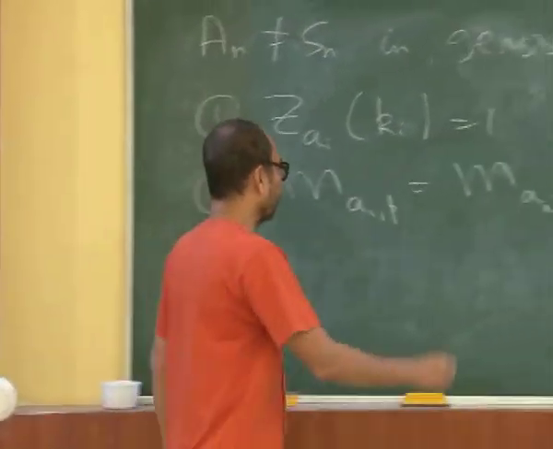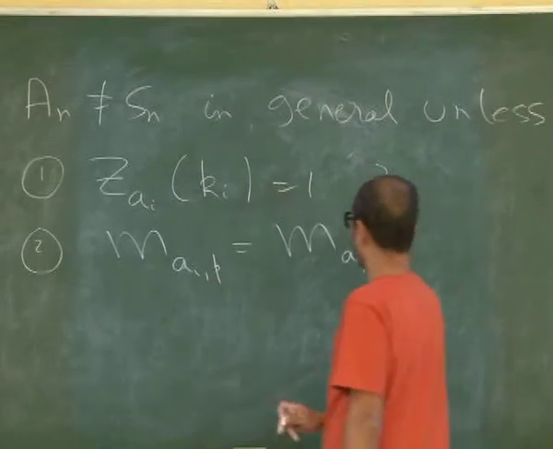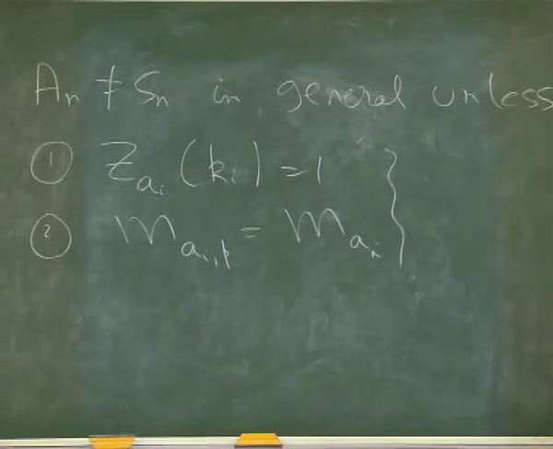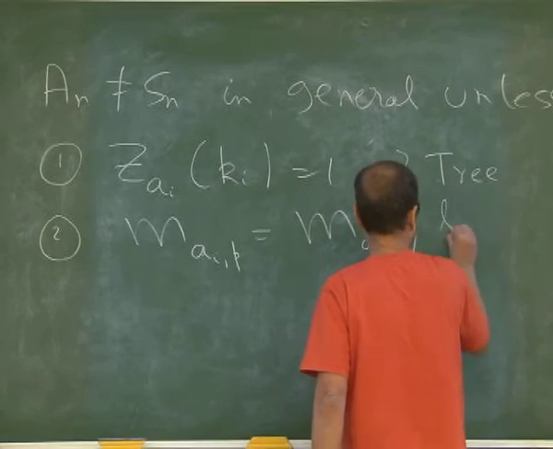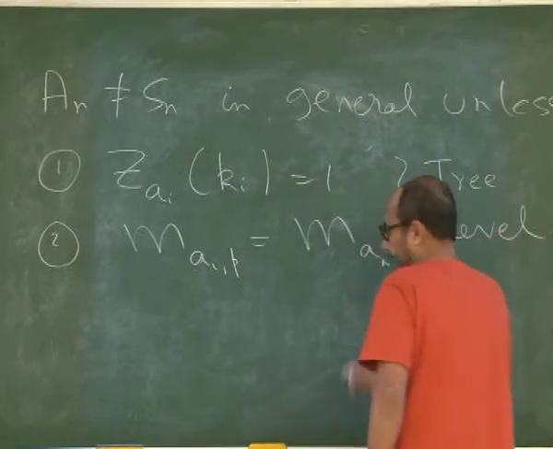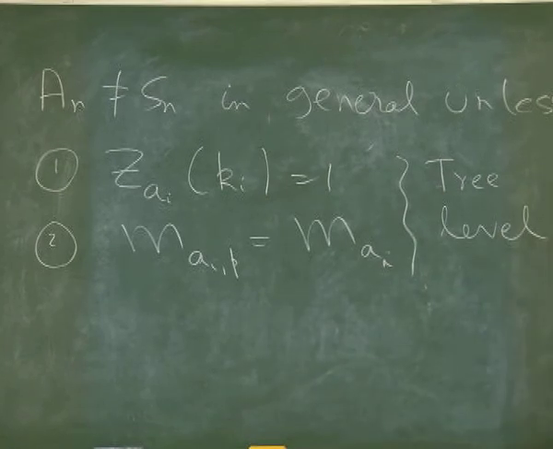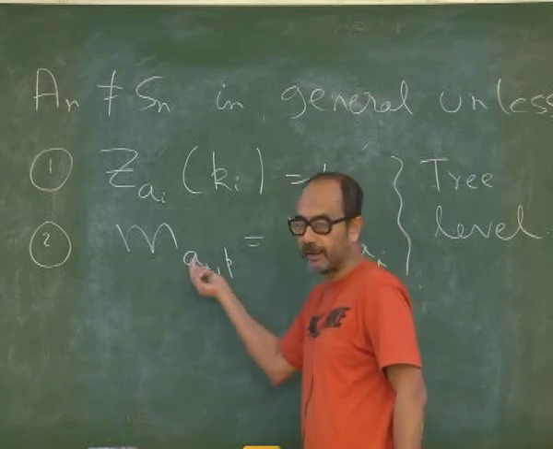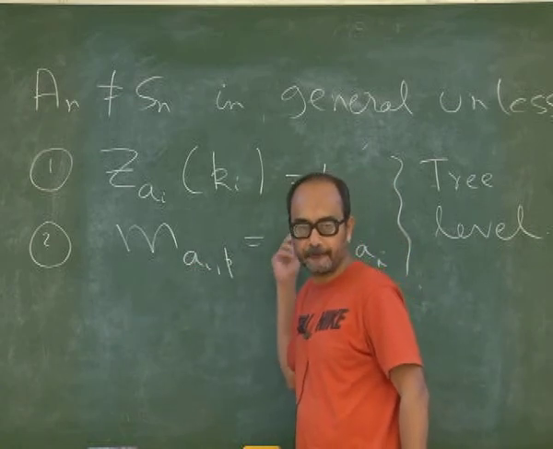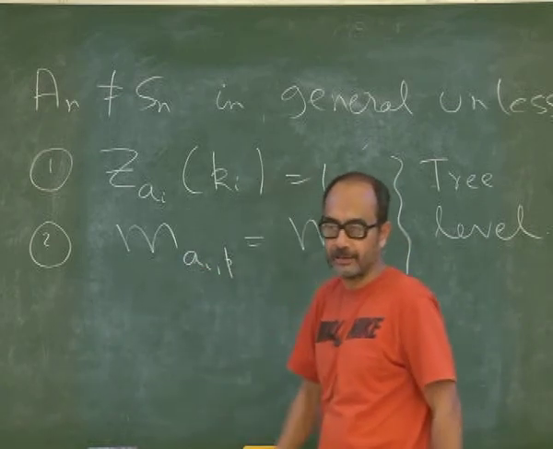So these two conditions, when are they true? This is true, of course, at tree level. At tree level, indeed, the Polyakov amplitude computes S matrix elements. And at tree level, we know that Z is 1, and there is no difference between the renormalized physical mass and the bare mass. That's how we call this parameter mass in the first place.